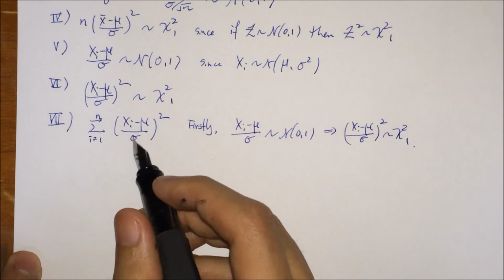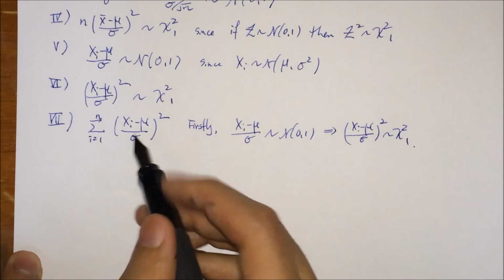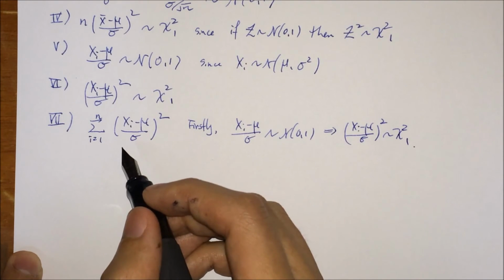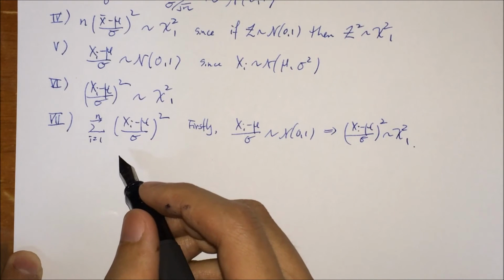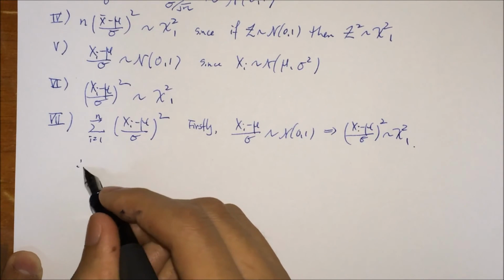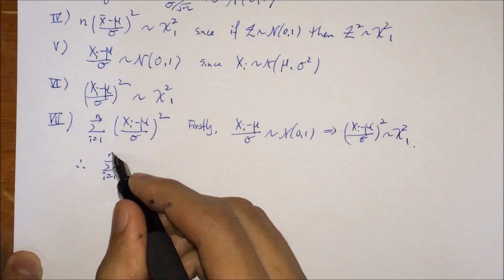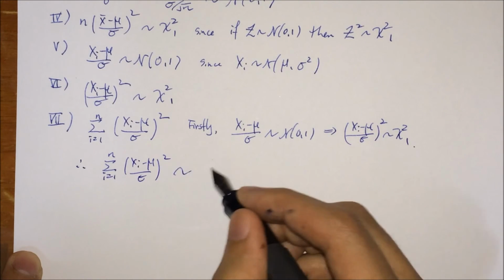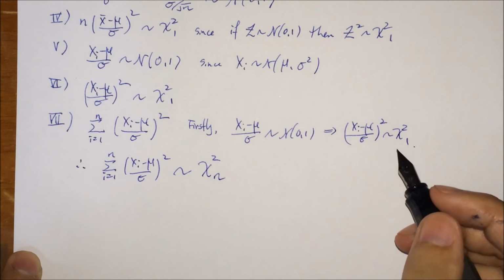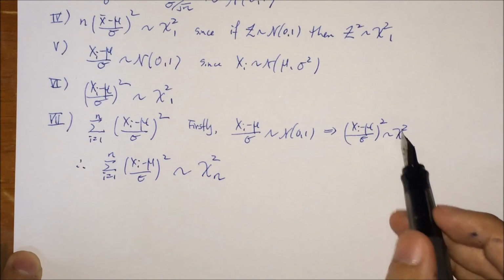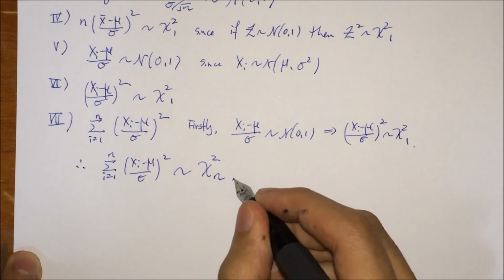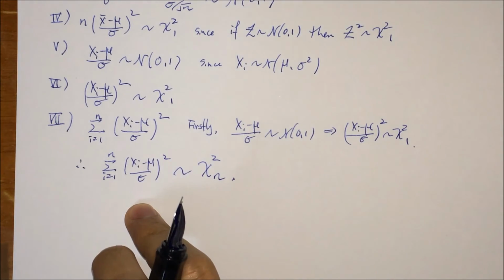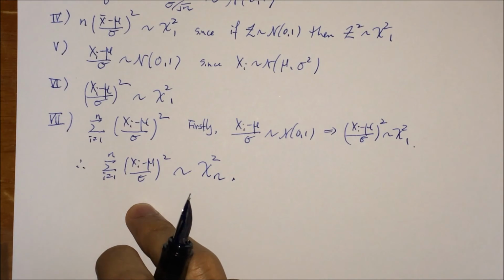We've learned before that when you sum over independent chi-square 1 variables, you get back a chi-square random variable, except you change the parameter. So therefore, the sum from 1 up to n of xi minus mu on sigma, all squared, follows a chi-square n distribution. Because you're summing over chi-square 1, and we'll show the result in class that when you sum over chi-square 1, you get chi-square n when each one of them is independent. Okay, so that's question 1.